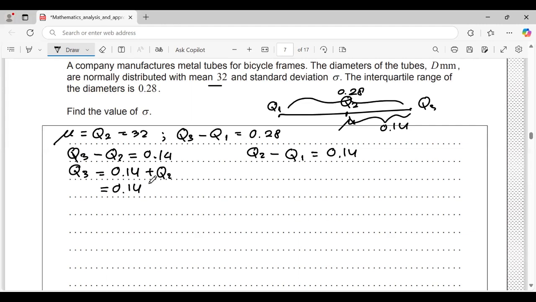So 0.14 plus 32, and it is 32.14. While this one, the first quartile is the second quartile minus 0.14, and it is 32 minus 0.14, it is 31.86.